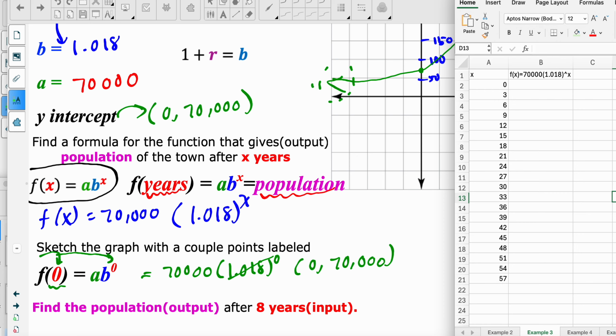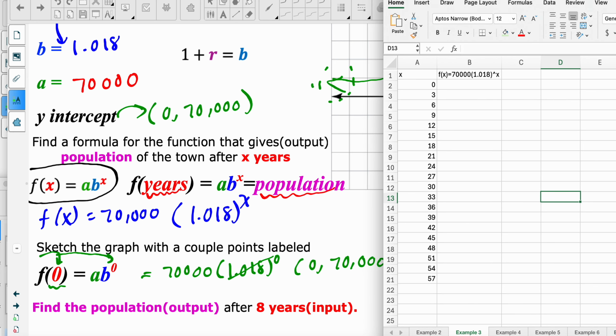In Excel, I've set up my input-output table, and I have my x values. I want to input this function: equal to 70,000 times 1.018 raised to the x power, and enter.